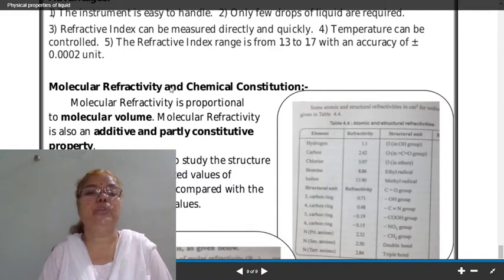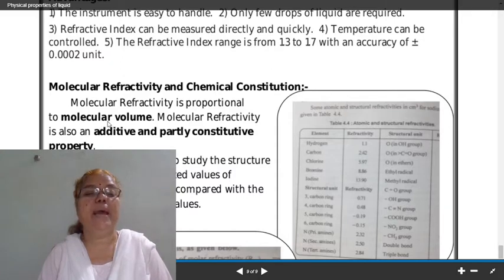chemical constitution. That means this property, molecular refractivity, is used in the determination of chemical constitution. You know, molecular refractivity is proportional to molecular volume, and molecular refractivity is also an additive and partly constitutive property.